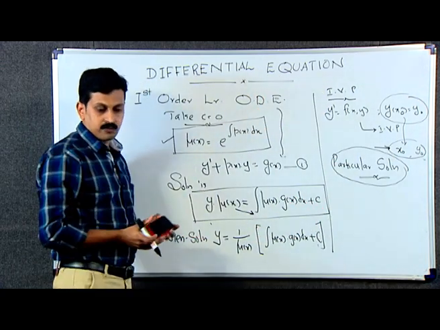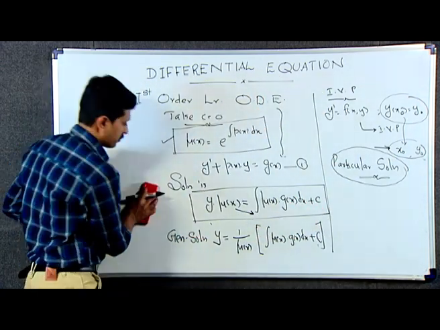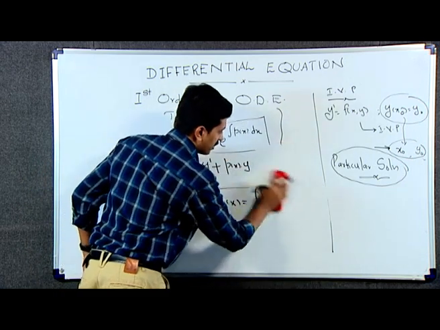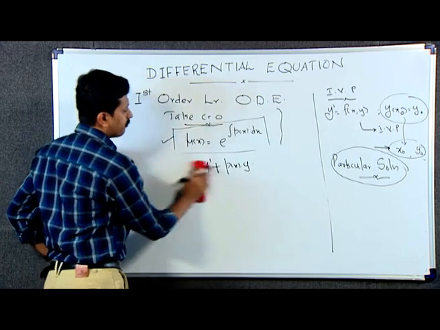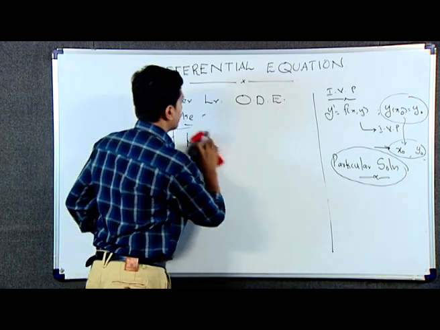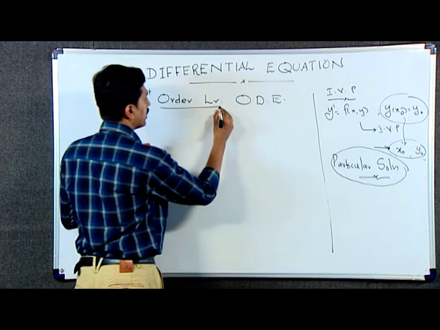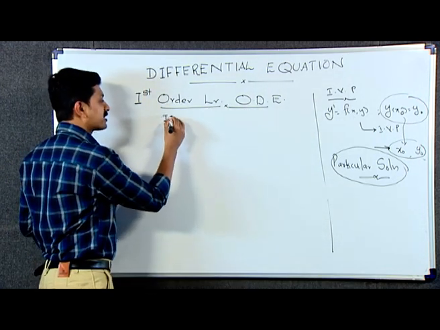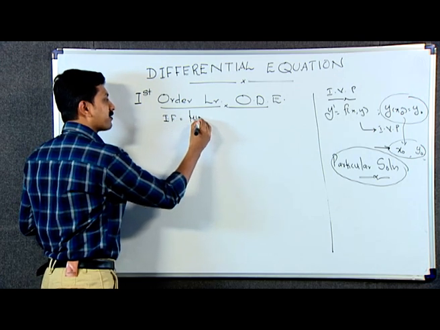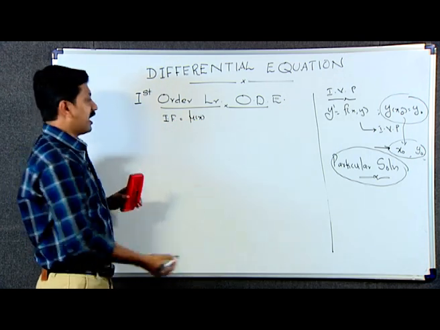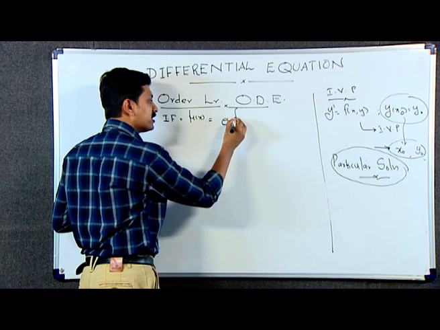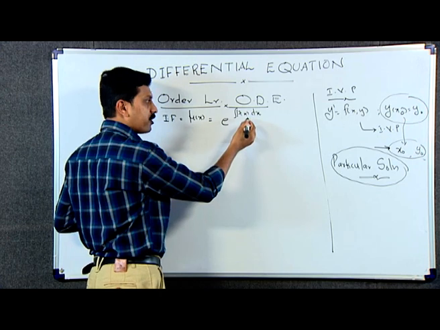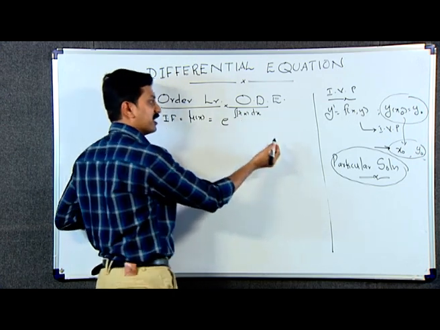Now we can move to some examples of solving a first order ordinary linear differential equation by using the method of integrating factor. One thing is that we have to bother only about the integrating factor. This integrating factor is mu of x, found by e raised to integral of p of x dx, where p of x is the coefficient function.